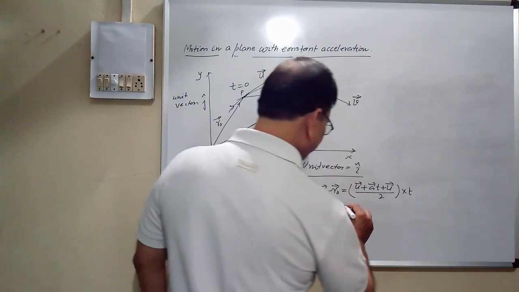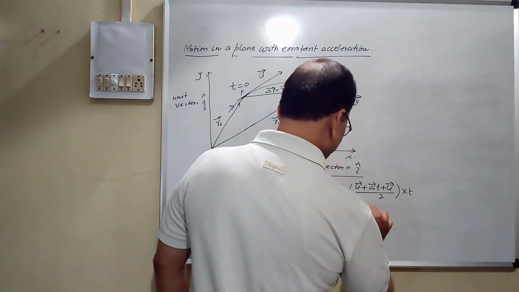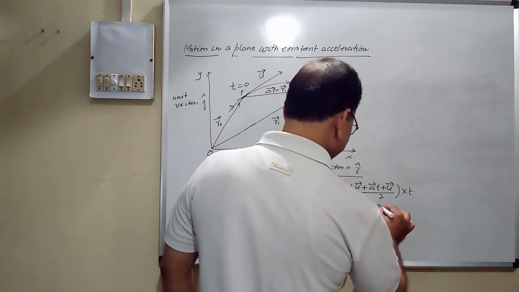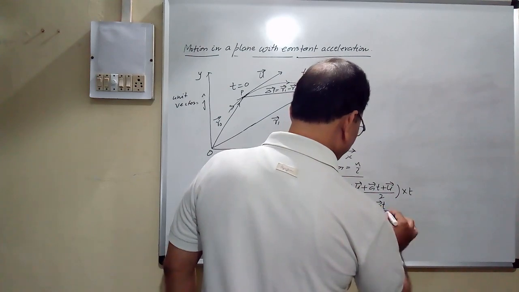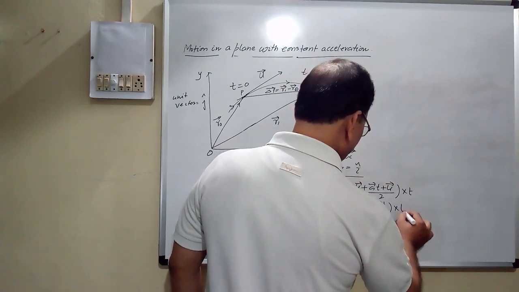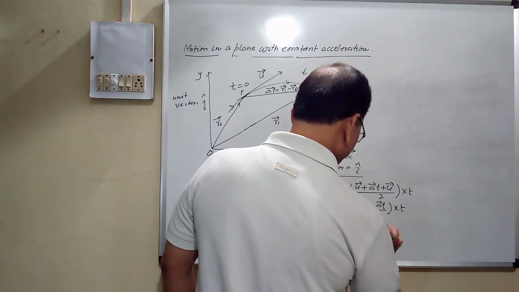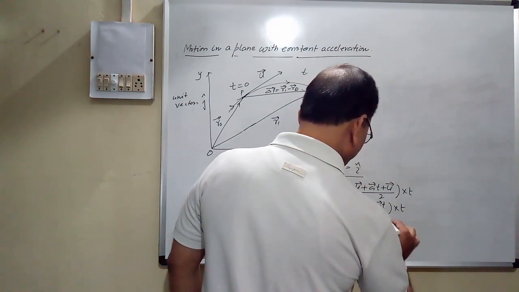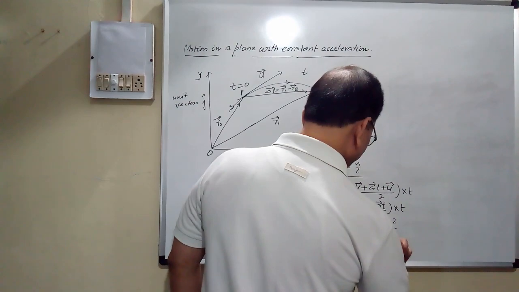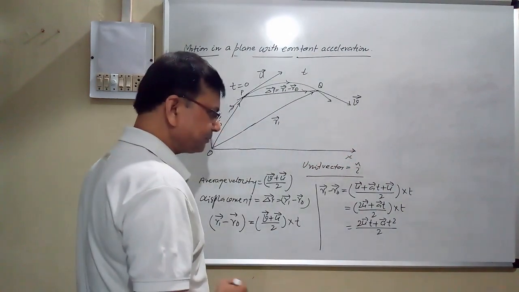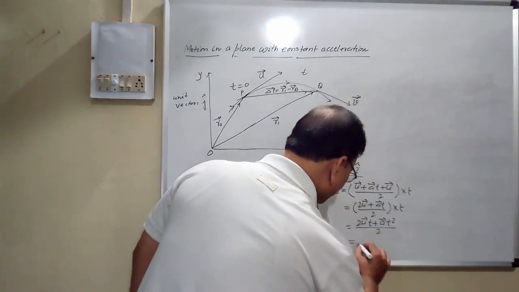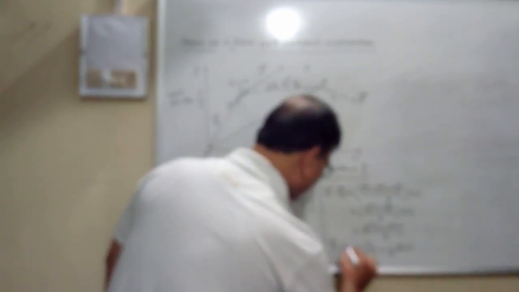So this can further be written as (2u plus at) by 2 into t. That is equal to (2ut plus at square) divided by 2, and this means this is equal to ut plus half at square, that is r1 minus r0.